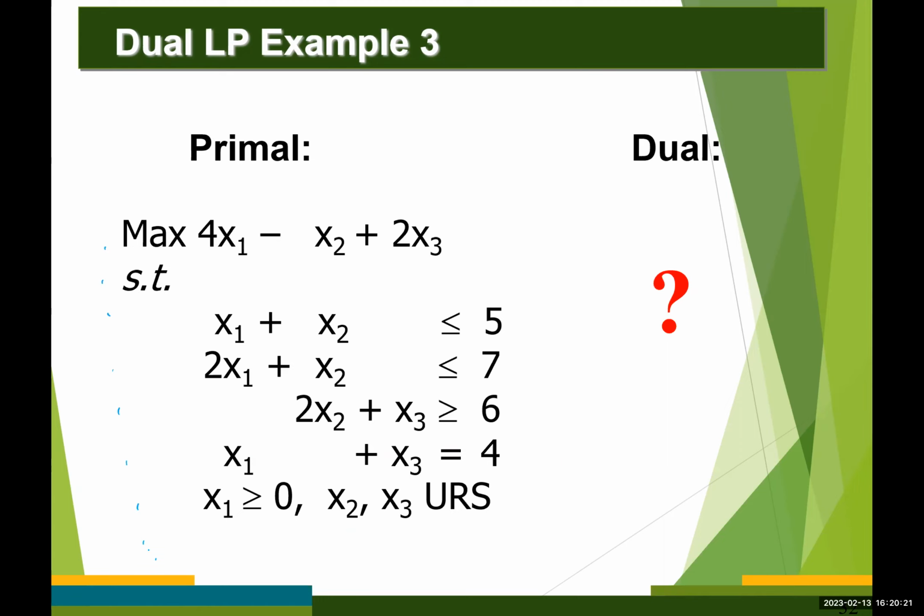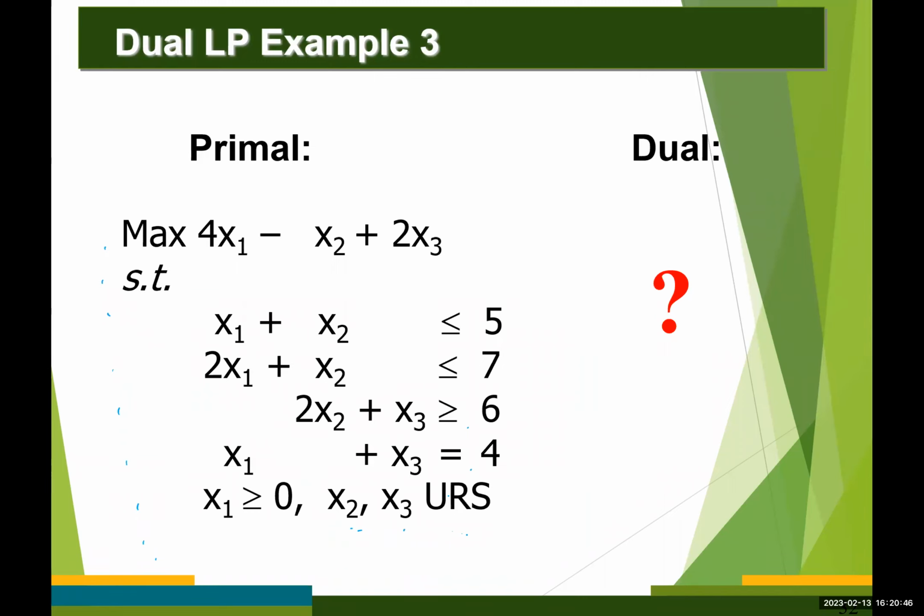Because as you can see here, some constraints have the greater than or equal sign, and we have one equality constraint, and two decision variables have no sign restrictions, right?